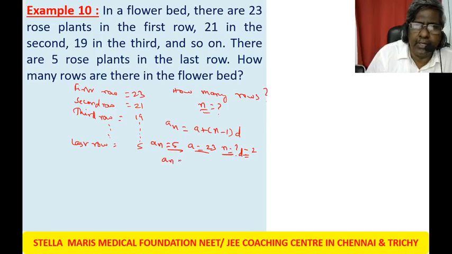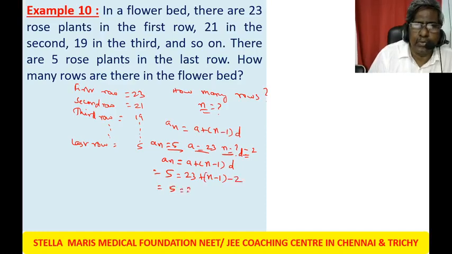An is equal to a plus n minus 1 into d. An is 5, a is 23, n you are going to find, d is minus 2. So 5 is equal to 23 minus 2 into n minus 1, and minus 2 times minus 1 becomes plus 2. Then 5 is equal to 23 plus 2, which is 25, minus 2n.